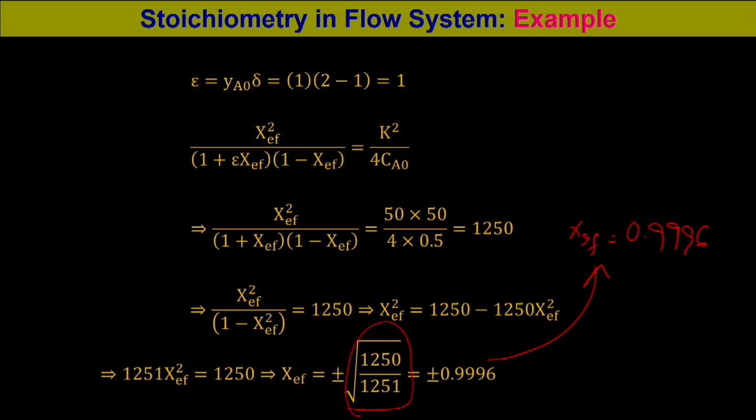Now, if we recall our earlier solution for the batch reactor, for the same example we obtained the equilibrium conversion Xe as 0.963. So, you could see the conversion for this case is higher compared to the batch reactor conversion.